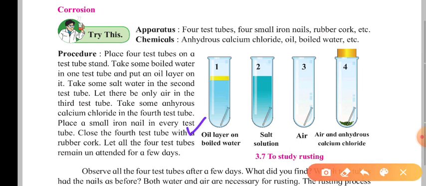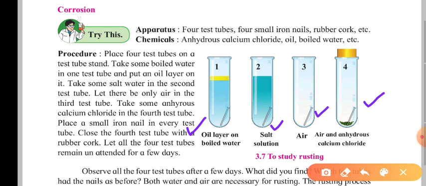The first one is an oil layer on boiled water, the second one is a salt solution, the third one is air, and the fourth one is air and anhydrous calcium chloride. Now, all these 4 test tubes have 4 different conditions maintained in them.